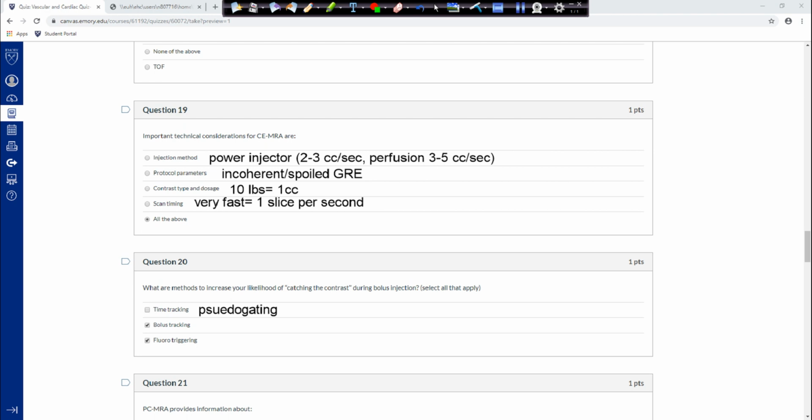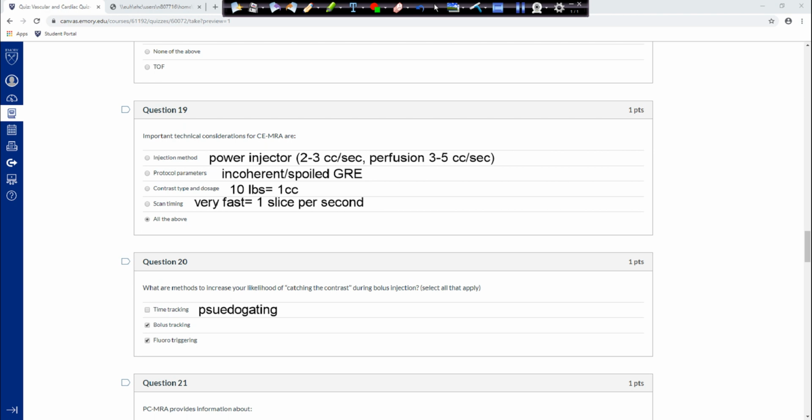Fluoro triggering, that's where we're imaging it per second. We're able to see it live, so we can watch that contrast go into the vessels. And bolus tracking is basically we put it right on the abdominal aorta. Has anybody done a bolus tracking? It's usually with a GE scanner.